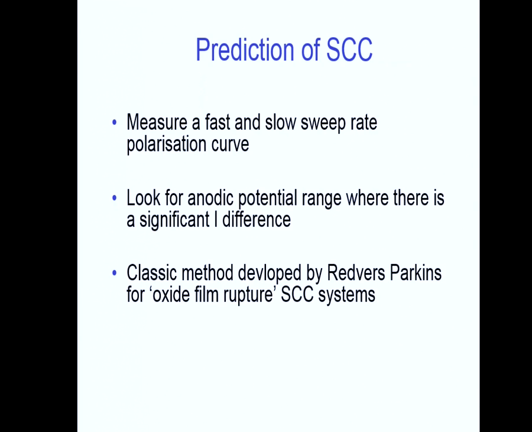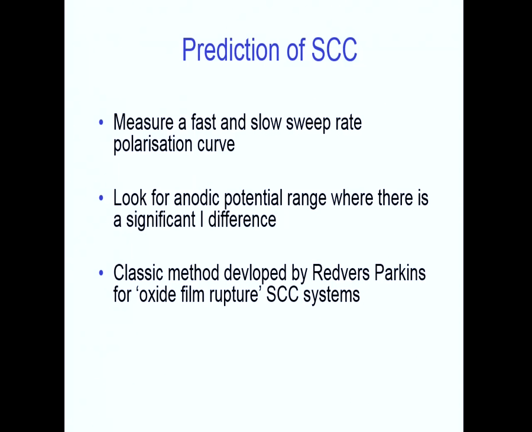He's not terribly easy to read, but if you're looking for good quality references, he definitely published some very good stuff. So he developed this technique, and he also developed the slow strain rate technique that's used to perform stress corrosion cracking tests on materials. And this technique allowed him to make some predictions for the likelihood of cracking prior to having to do the actual mechanical tests.